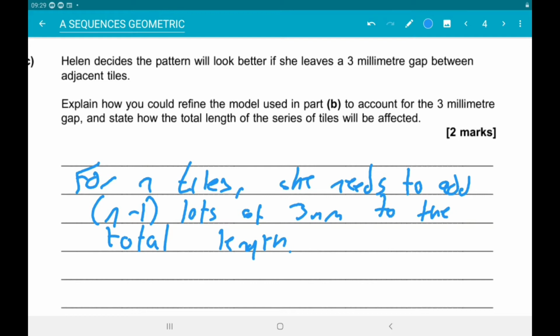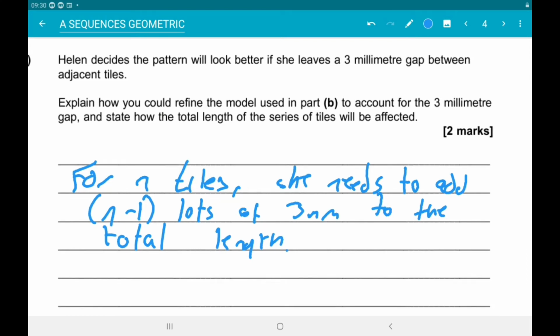Now, as for how it affects the sum of the total length, in part B we were dealing with a sum to infinity. So we were thinking if a pattern had an infinite number of tiles, which obviously in real life it can't, but thinking mathematically, if she has an infinite number of tiles, she would need an infinite number of 3mm gaps.